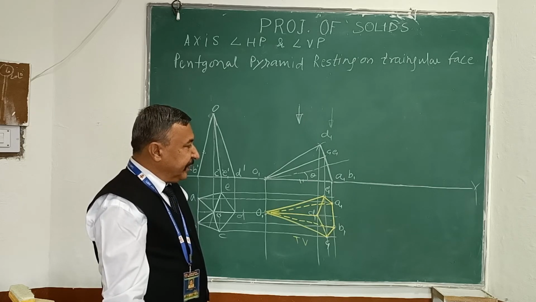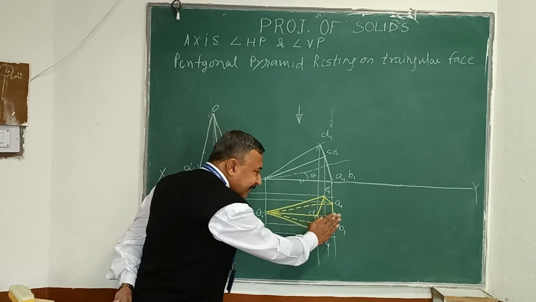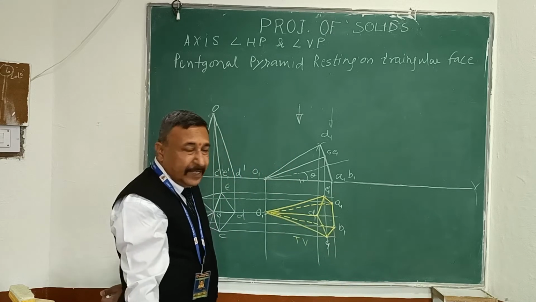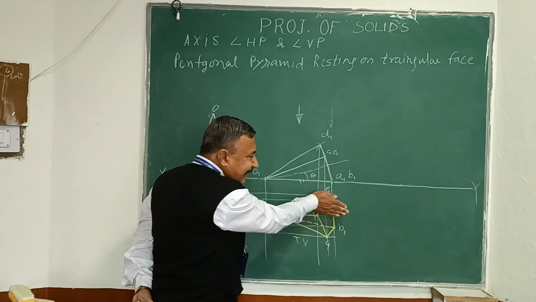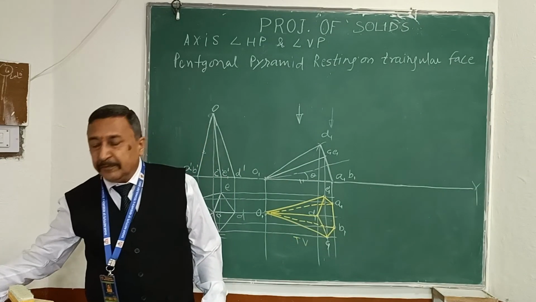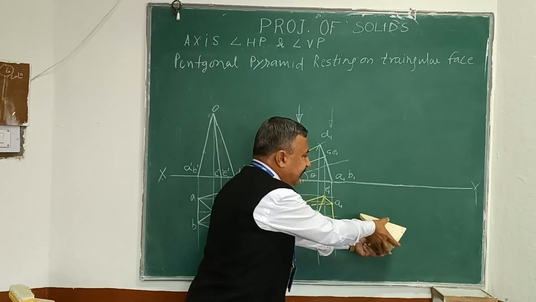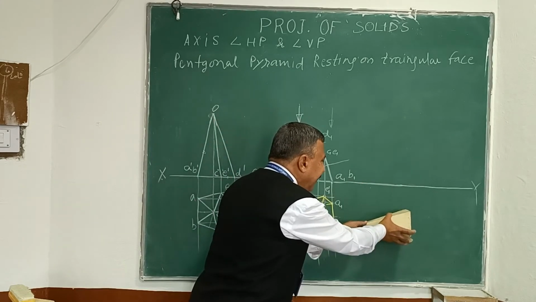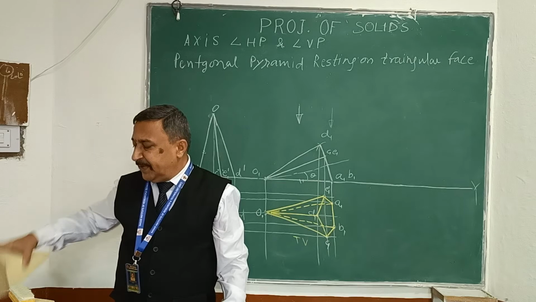So see here, if we rotate this view like this, the axis is away from VP, and if we rotate this pyramid like this, means the axis is nearer to VP. Now see here, if we rotate this like this, so axis is nearer to XY, means nearer to VP, and if we rotate like this, so axis is away from VP, means away from XY.